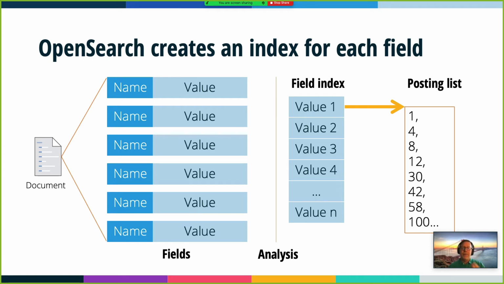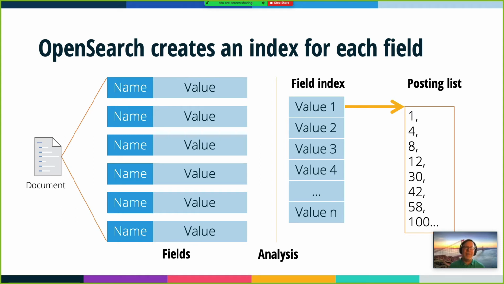The field index is then going to take, for each of these fields, every value that has been seen for that field and create an entry. Each of the entries then points at the set of documents that contained that value. You can really think of an encyclopedia.